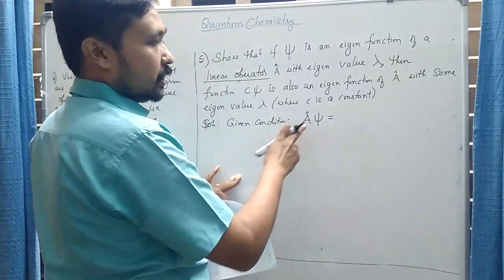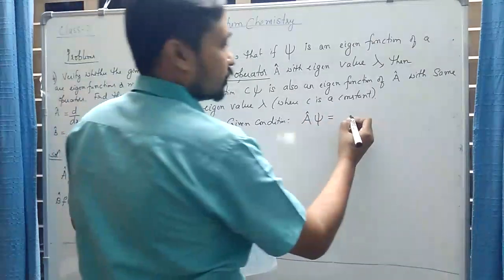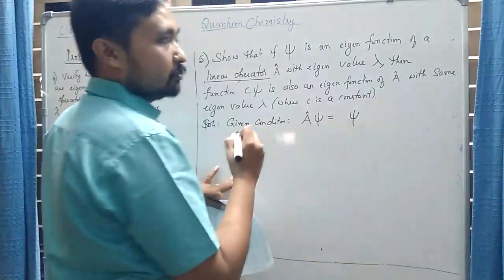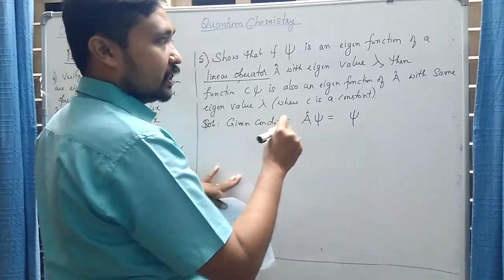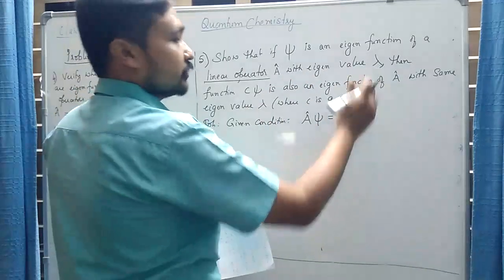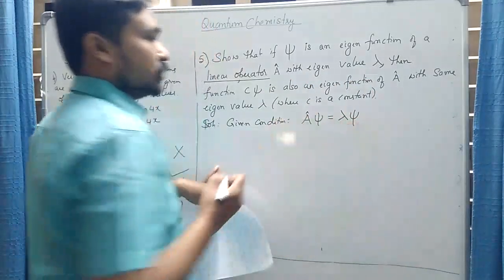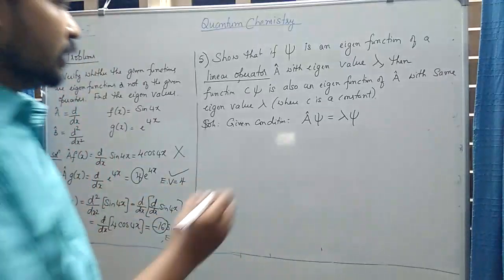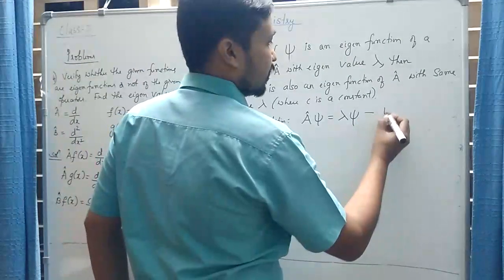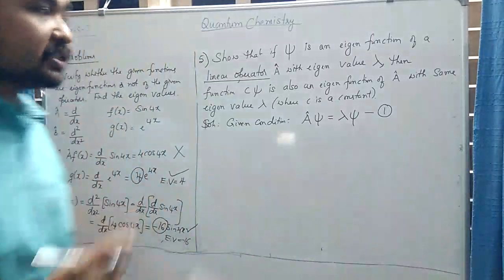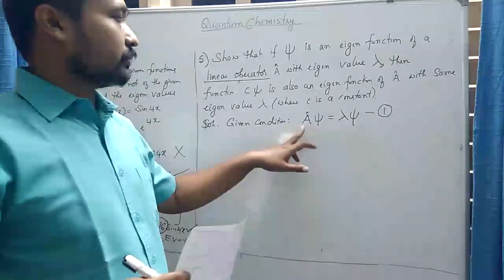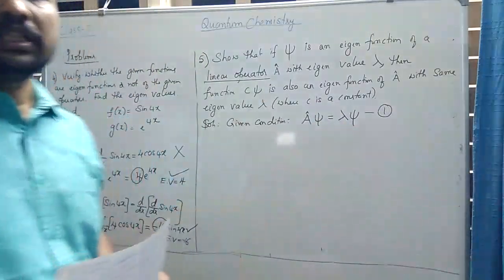So operator A applied on the eigenfunction gives you the same function back multiplied by a constant, which is the eigenvalue, and they have given that the eigenvalue is lambda. So A of psi is equal to lambda into psi. This is the given information.